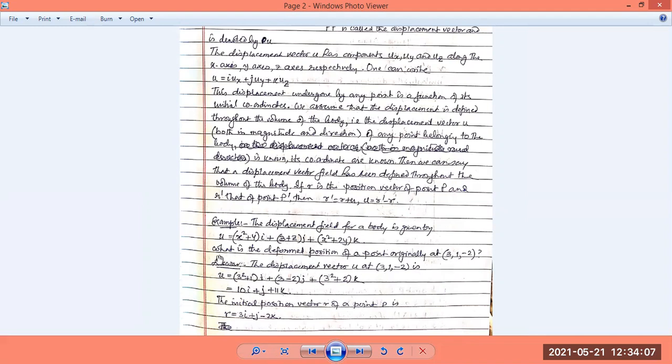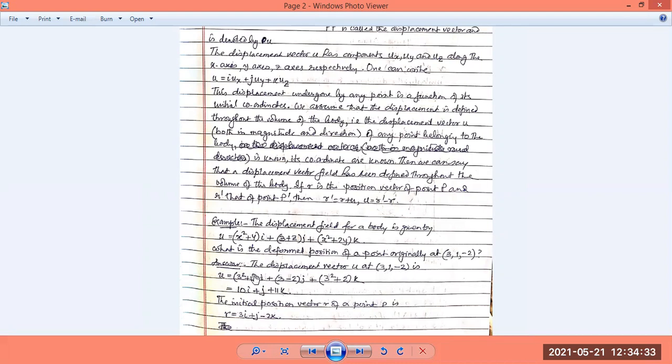Our question is, what is the deformed position of the body when the point was originally at 3, 1, and minus 2? So we have the original position and the displacement vector is also given. So what will be the displacement vector at 3, 1, minus 2, when x, y, and z are given?